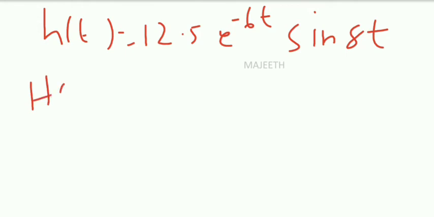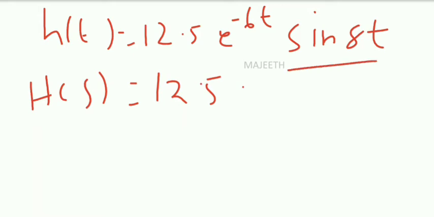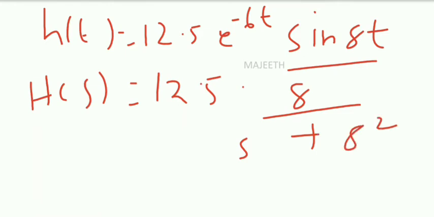I find h of s. H of s equal to 12.5 into e power minus 6t; Laplace transform of sin means it is 8 divided by s square plus 8 square. But here it is shifted by e power minus 6, so I have to put s plus 6 whole square. Now h of s I found.